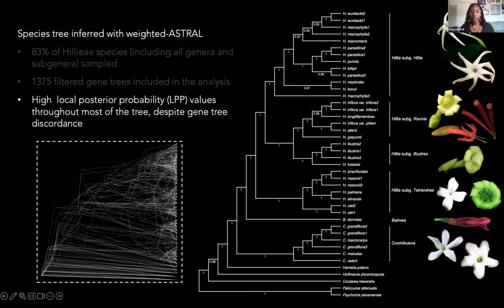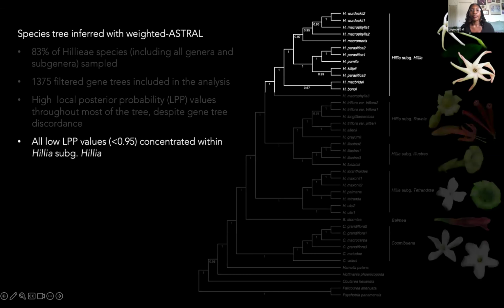Here, the local posterior probabilities are shown below the branches. And for the most part, these are all really high, above 0.95 throughout most of the tree, which is great, especially considering that we did have quite a bit of gene tree discordance in our data set. Most of the phylogenetic uncertainty was coming from this group here within Hylia subgenus Hylia.